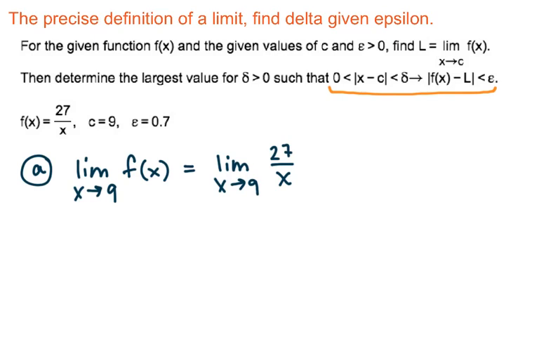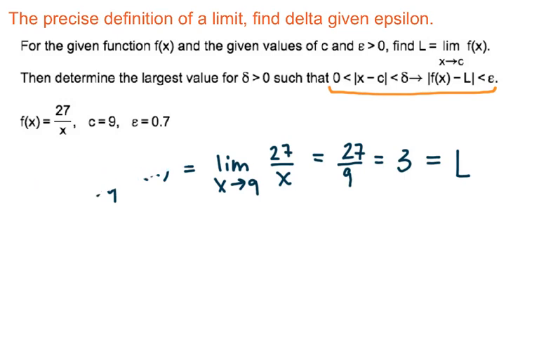So in this case, if I want to find the limit, I can simply evaluate it, and that gives me 27 over 9, or 3. So 3 equals my limit value, L. So x approaching c, c being 9, that's going to give me my limit value of L. That portion of the problem should be relatively easy.